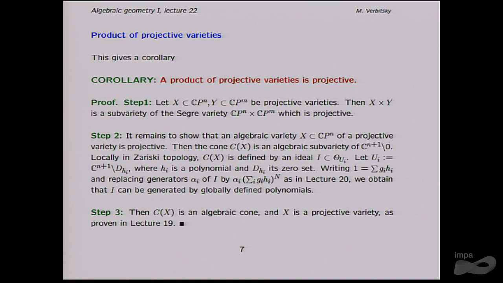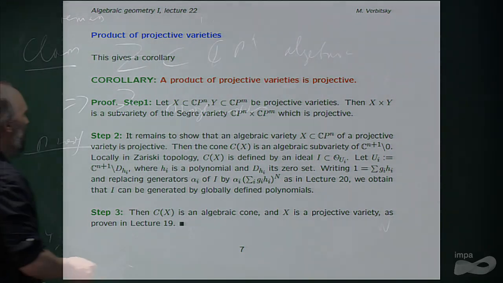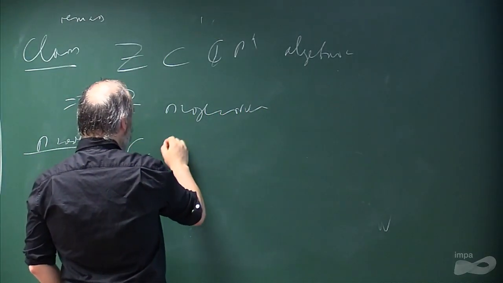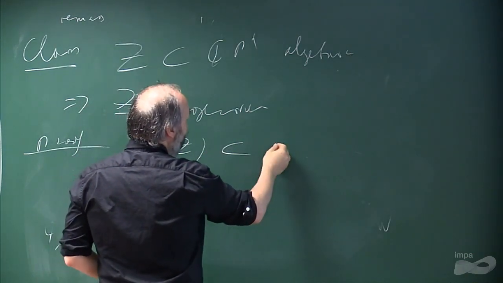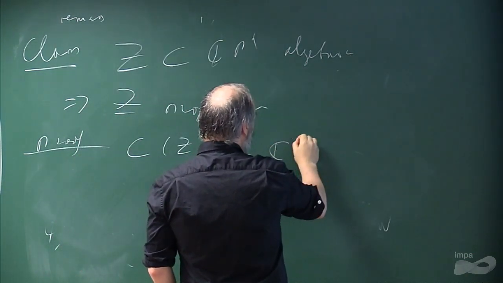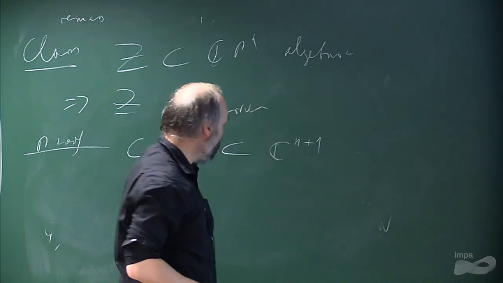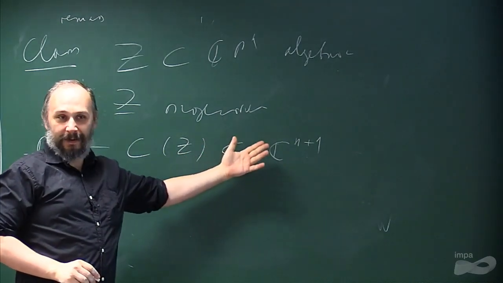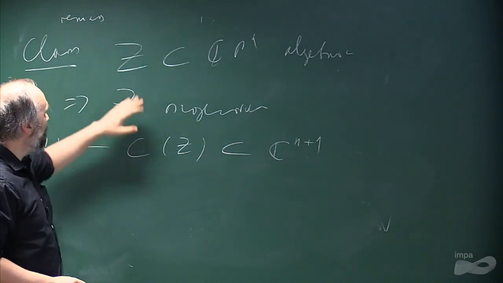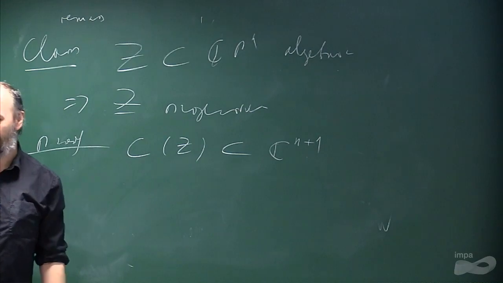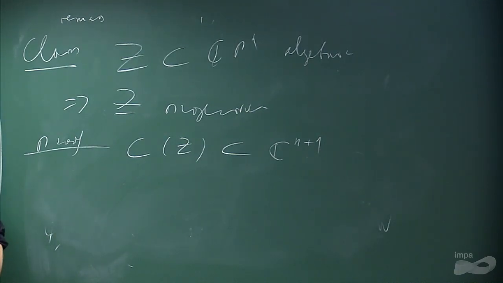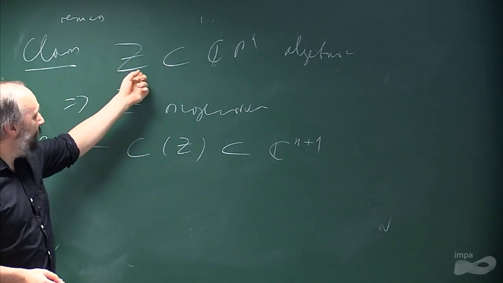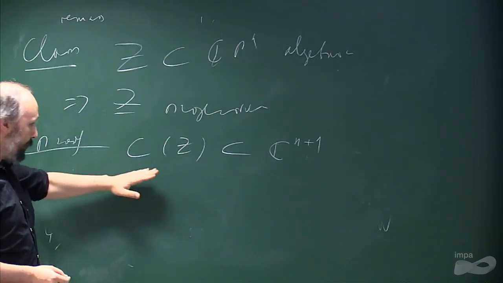But in fact, we will do the same for the cone. So you have the cone of Z inside C^(n+1). This is also an algebraic subvariety because locally the cone is just a product of C star and your subset.